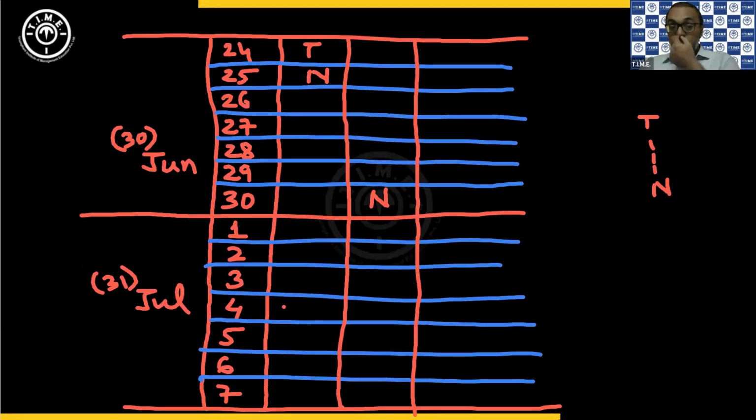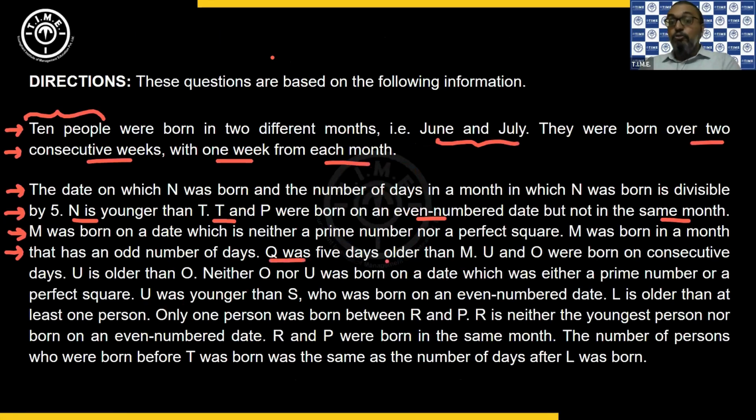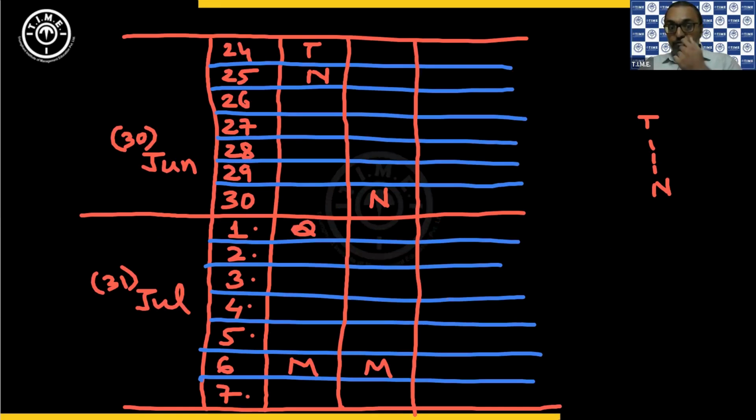So M definitely is in July, neither a prime number nor a perfect square. So 1 is a perfect square, 2, 3 is a prime number, 4 is a perfect square, 5 is a prime number, 7 is a prime number. So M can be given only in the 6th of July in both cases. Correct? Then Q was 5 days older than M. Okay, that means Q will be given 1st of July in both cases.